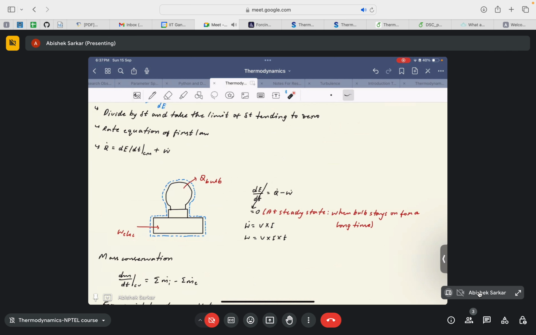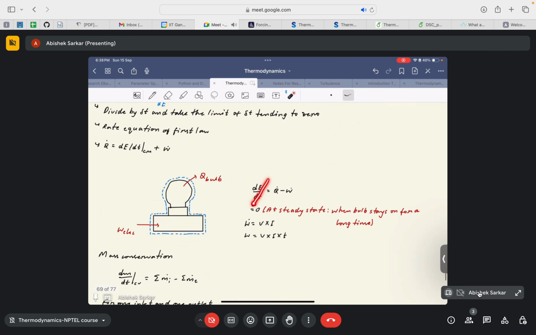Given that the bulb has stayed on for a long time, we can assume that the net rate of energy transfer in the bulb achieves a steady state. So the net rate of change of energy in the bulb is equal to 0. The net heat emitted by the bulb would be equal to the net electrical work being done on the bulb.